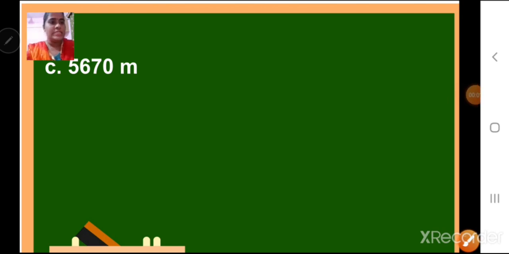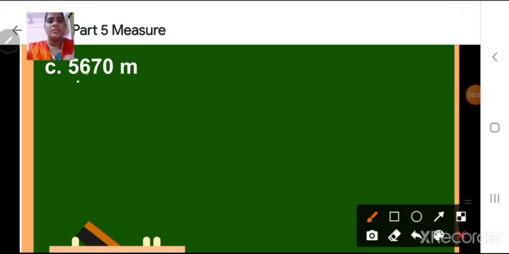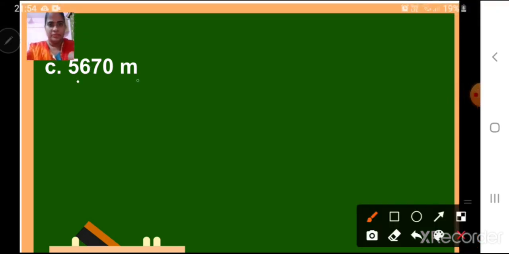Next question is C sum, 5670 meters. So children, we are converting into kilometer and meter. Whenever we have kilometer, at that time we have to expand the number in the thousands place. So 5670 meter is equal to, expand in thousands place.